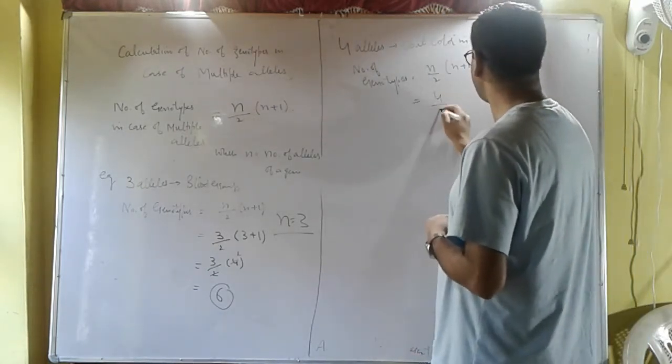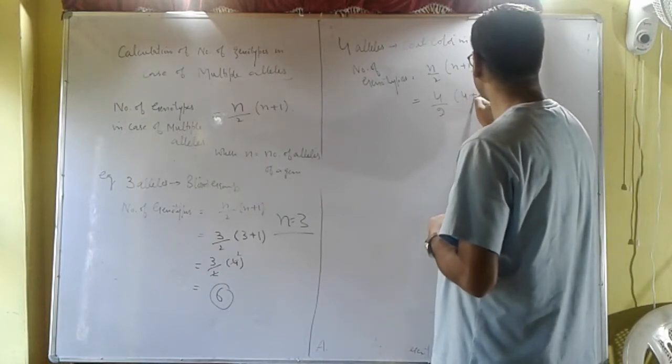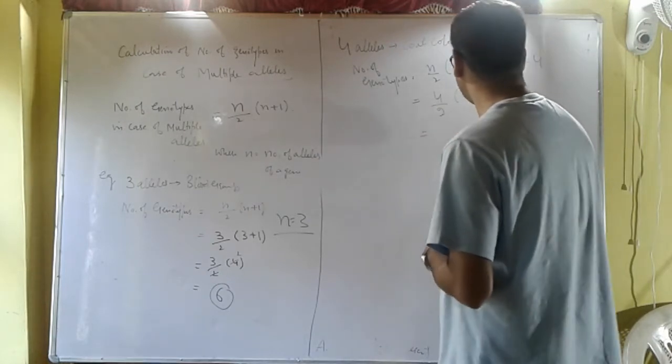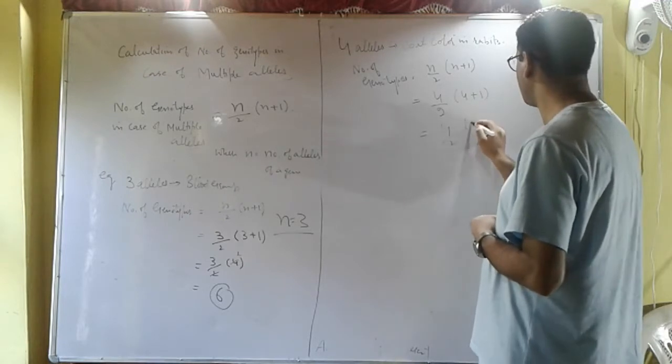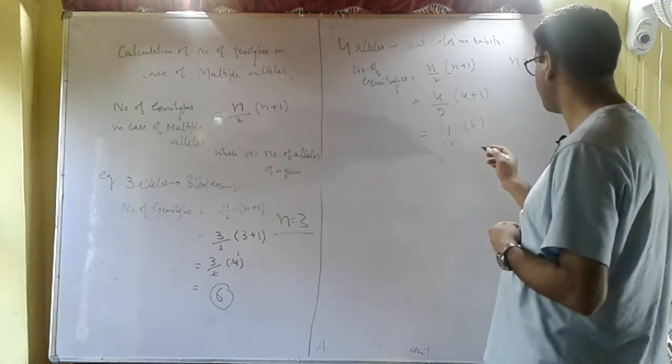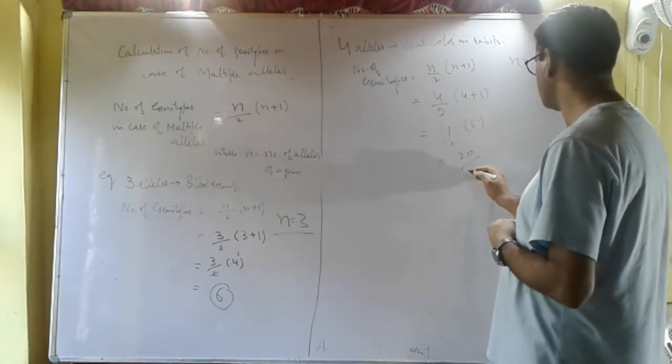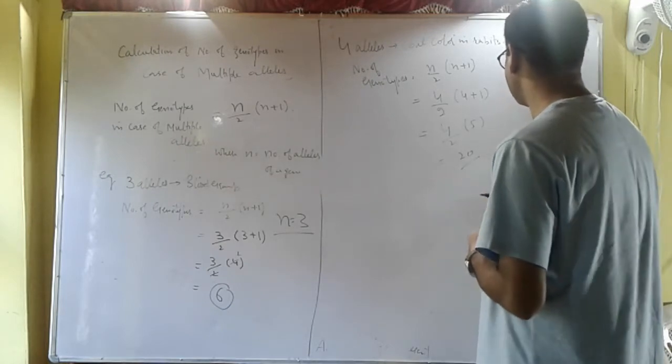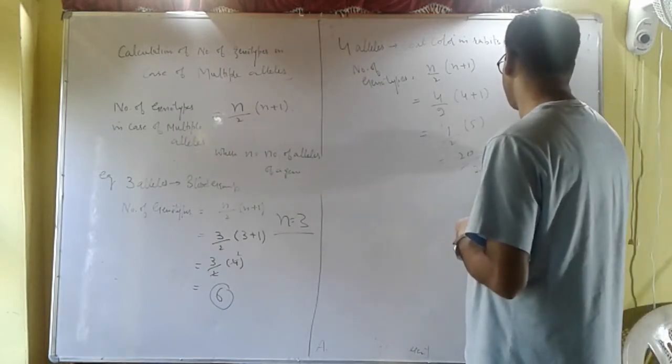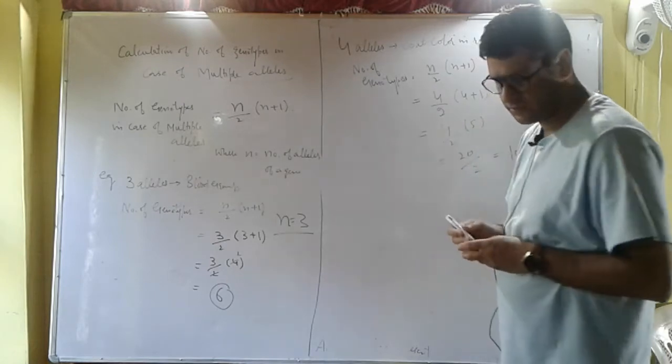So 4 divided by 2, 4 plus 1. So we have 4 by 2 into 5. 5 times 4 is 20, 20 by 2, we have 10 genotypes.